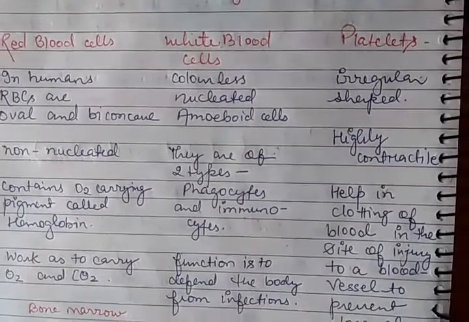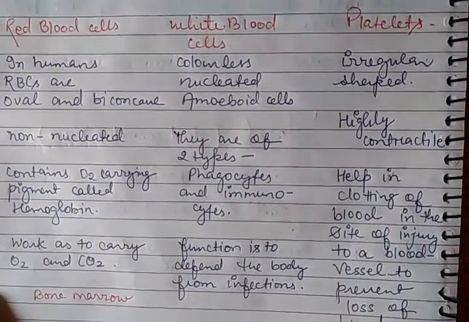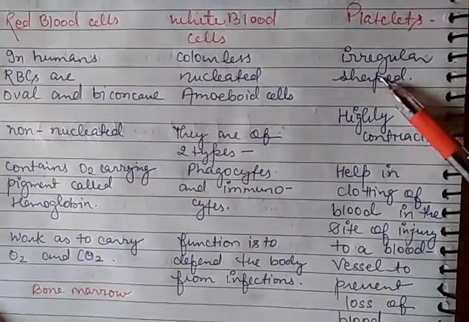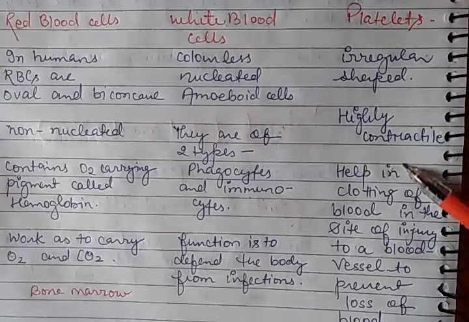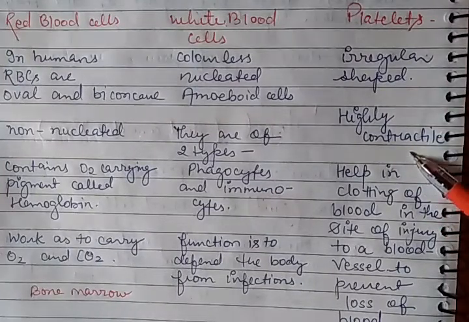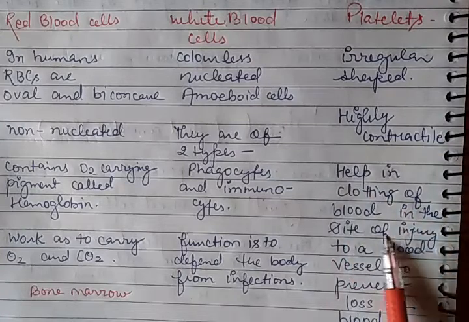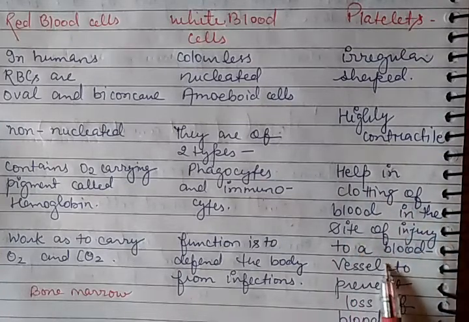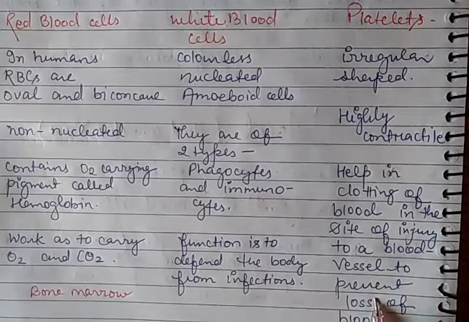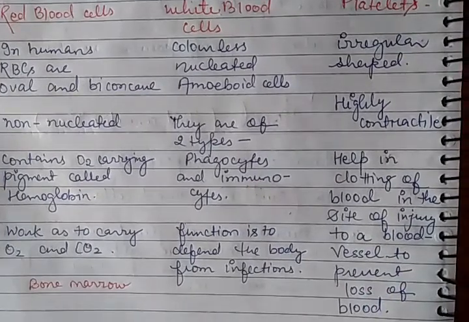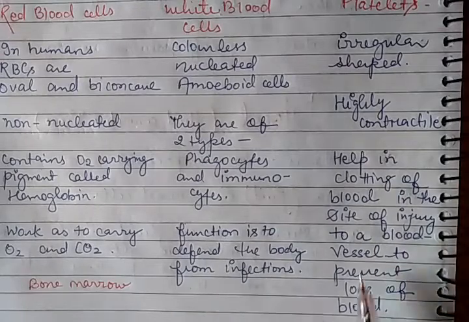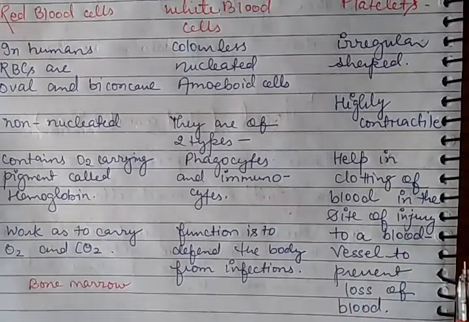Now the platelets, they are very important for our body. The cells are irregular in shape and they are highly contractile, and what do they do? They help in clotting of blood at the site of injury to a blood vessel to prevent the loss of blood. Whenever any injury happens in the blood vessels, the blood gets lost from that blood vessel. So to stop that bleeding, what happens?